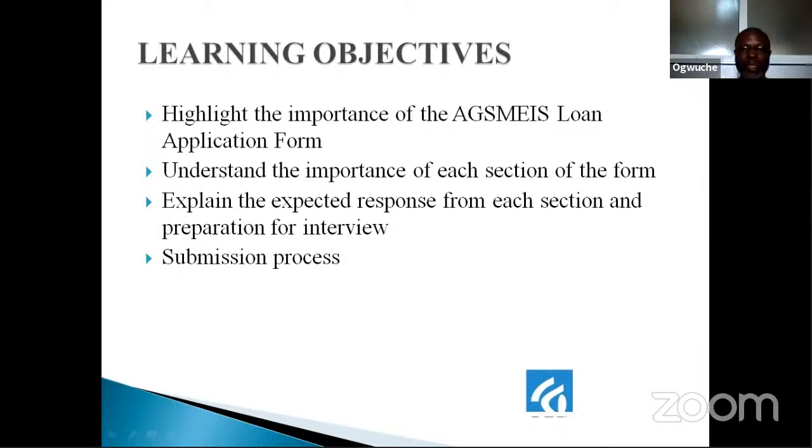We're to highlight the importance of the AGNIS loan application form. Like I said, it's a critical component of the loan process. Anything you want to apply for, there's always an application form which you'll be expected to complete. The application form will provide the data required for the assessments of the loan, whether you're qualified or you're deserving of that loan.